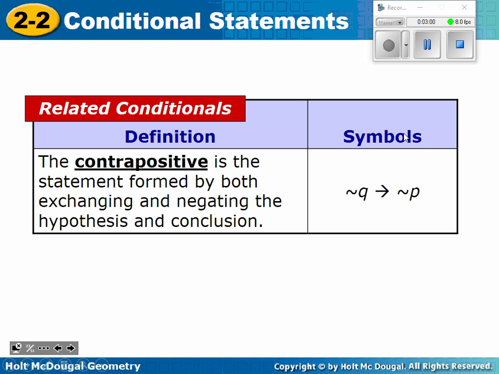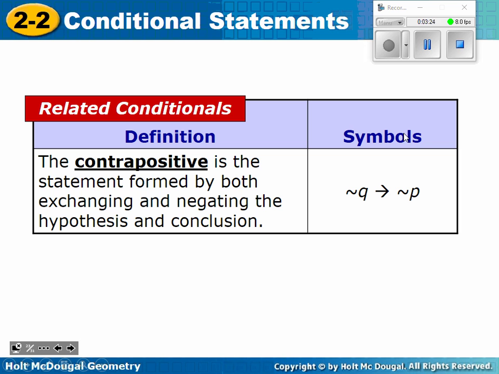Contrapositive does both. It takes the original conditional and it switches the hypothesis and the conclusion to give us the converse, but then it negates that converse to give us the contrapositive. So it switches and negates. So it does both. Okay, it does the converse where it switches and it negates the converse.